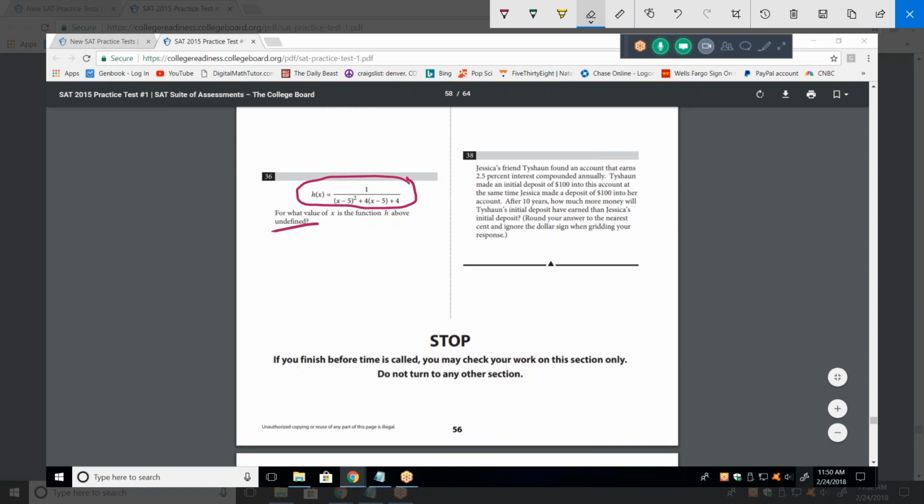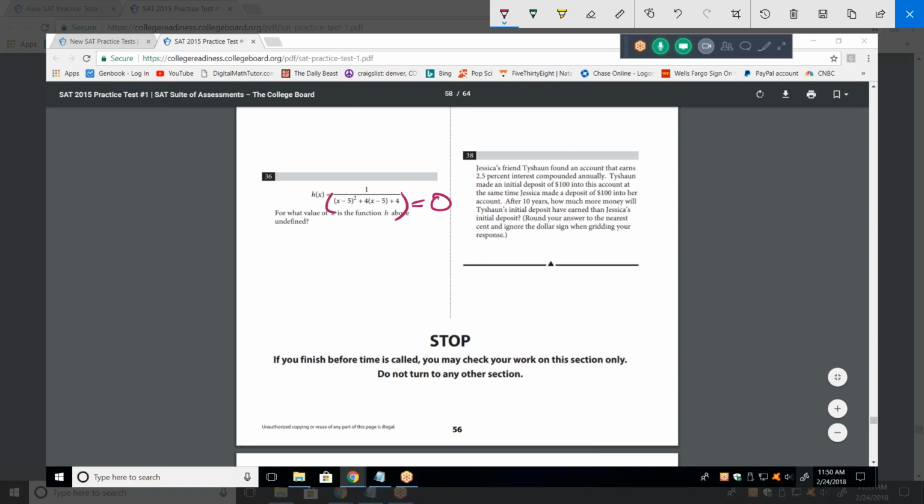So, what do we have to do here? Oh, so you just plug in 0? No, you don't plug in 0. If I plug in 0 for x, I don't get a denominator of 0. This is what cannot be 0. That's your denominator. So we solve that equation. We make it equal to 0, solve it, and then we'll have our answer, as to what value of x will turn that denominator into 0.